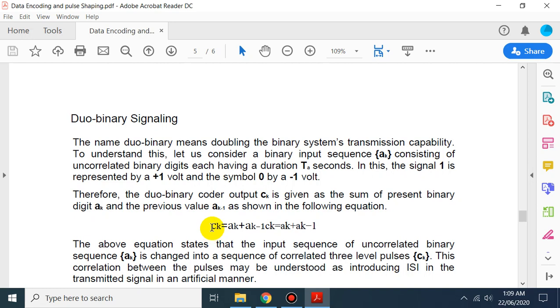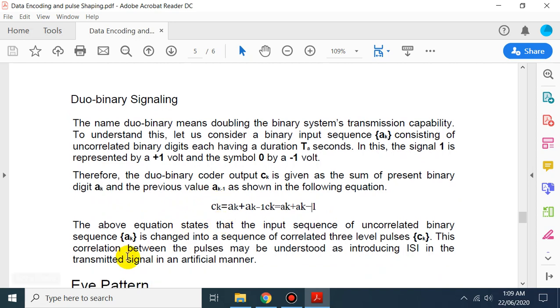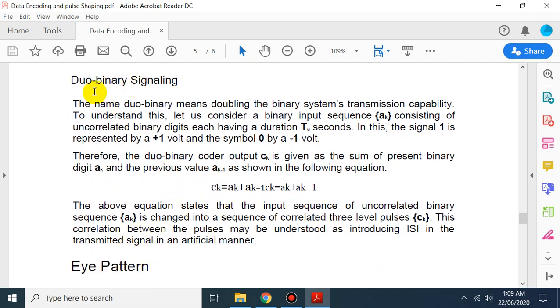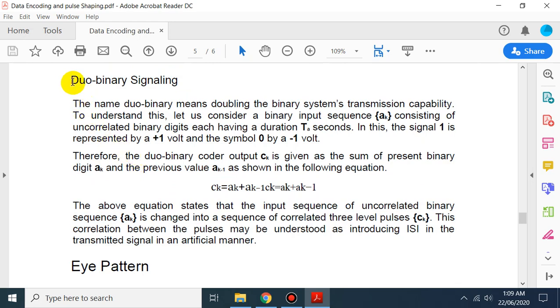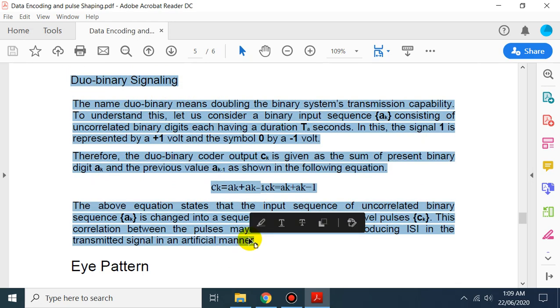This is about duo-binary signaling, but we are not going to use it in our course, so we are not going to discuss it in detail.